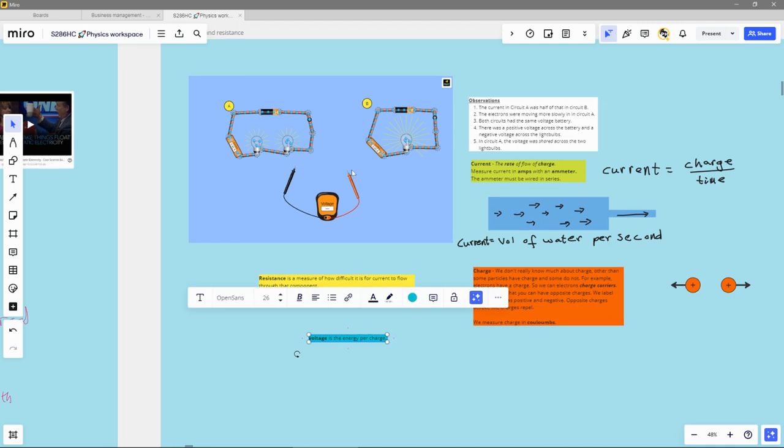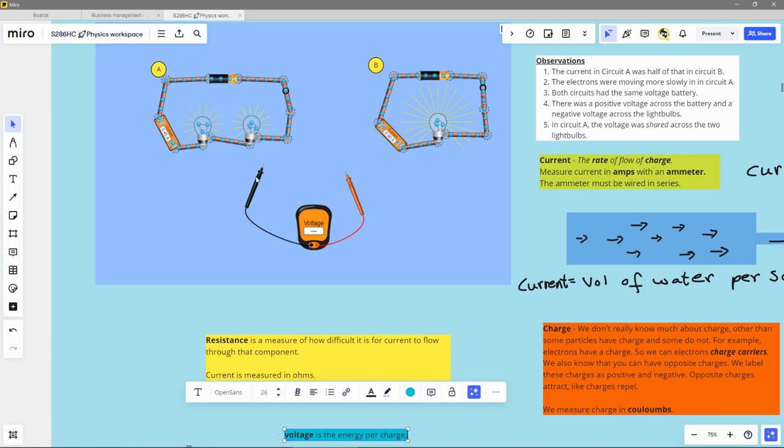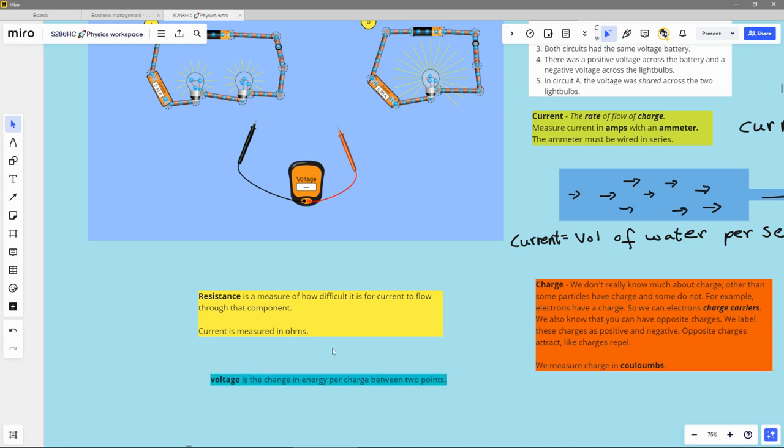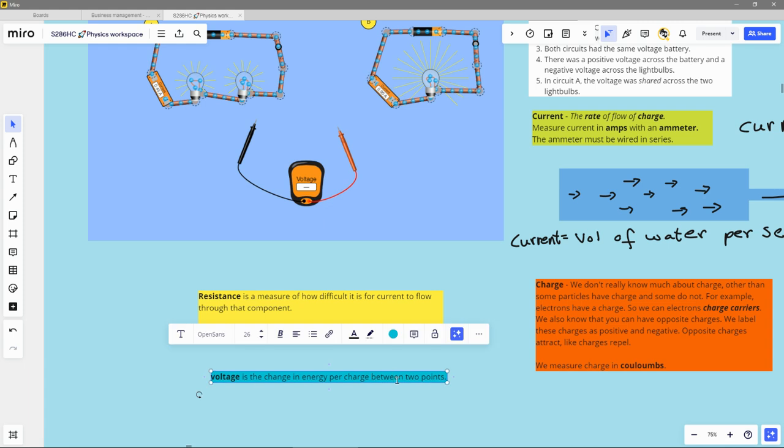However, we'll notice that we measured voltage in parallel, always before and after. The reason is that you're not quite measuring the energy per charge; you're measuring the change in energy per charge between two points. That's why we have one before and afterwards.